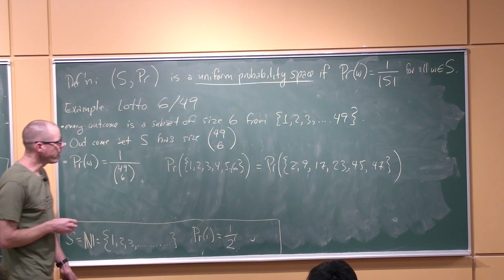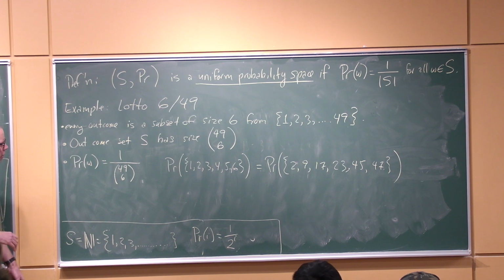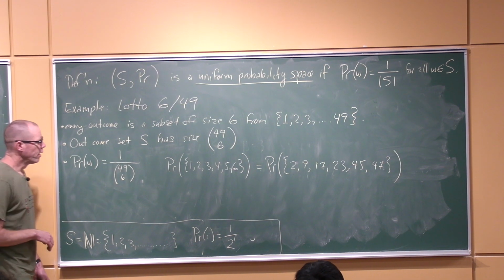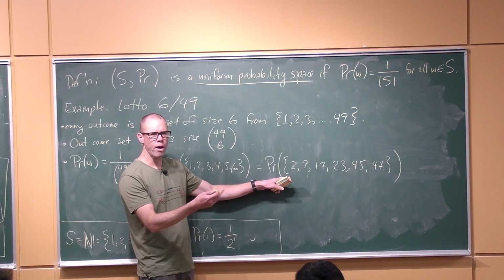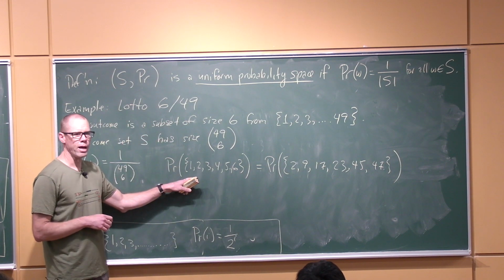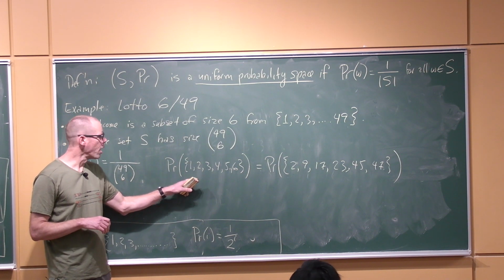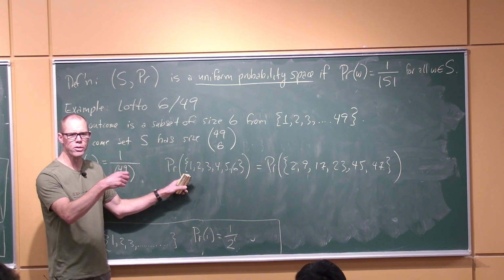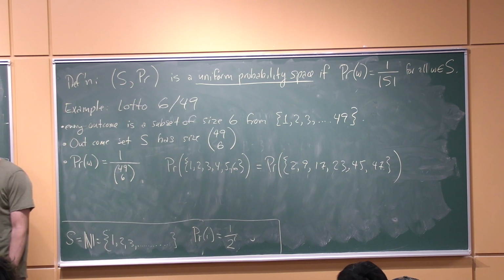People have all kinds of strategies. They use their birthdays and their grandchildren's birthdays or whatever. But a set of numbers like this, which looks like a reasonable thing on a lottery ticket, is just as likely to come up as this set of numbers. So if you're stuck picking lottery numbers, just scratch off the first 6 numbers, because you're just as likely to win as anyone else.